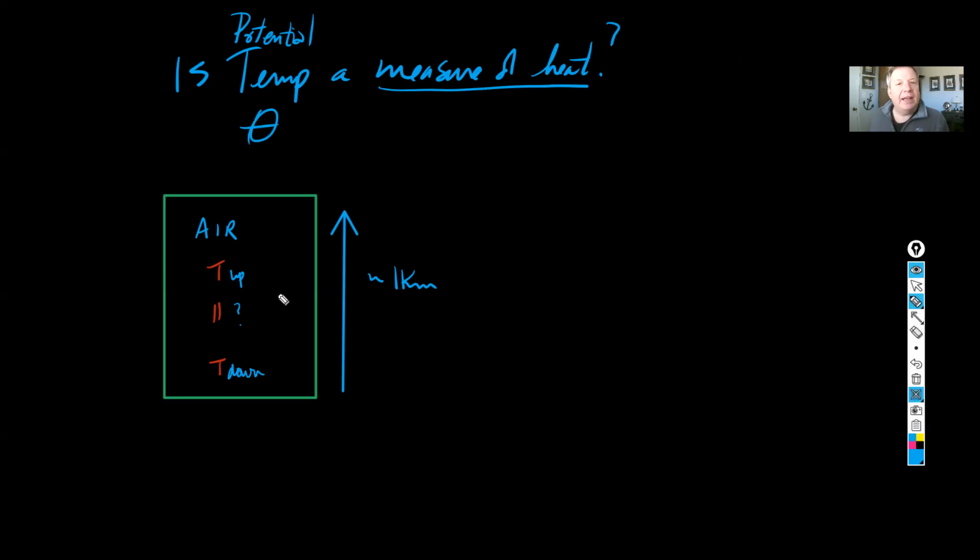So in spaghetti sauce, we said isothermal. The temperature is the same everywhere. But in the air, it's not the temperature, it's the potential temperature. And the potential temperature being everywhere the same is called isentropic.